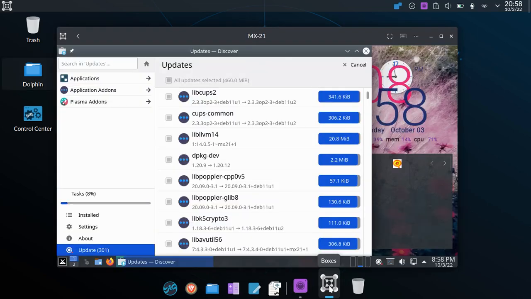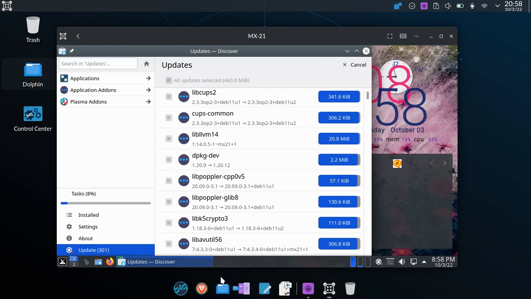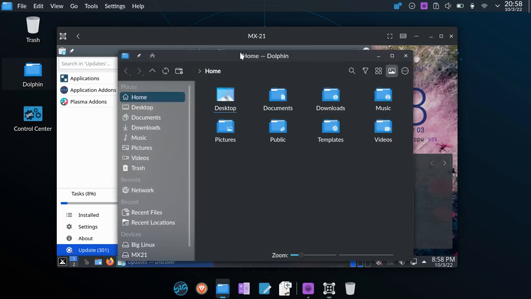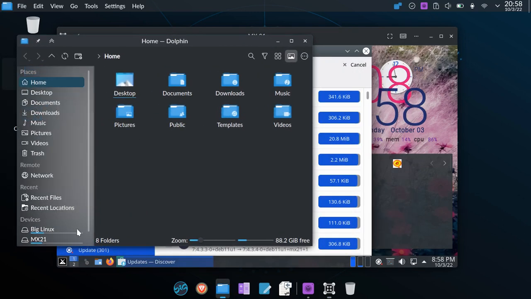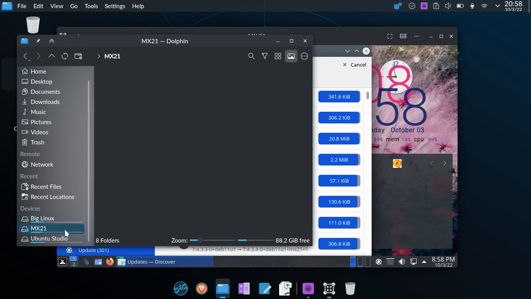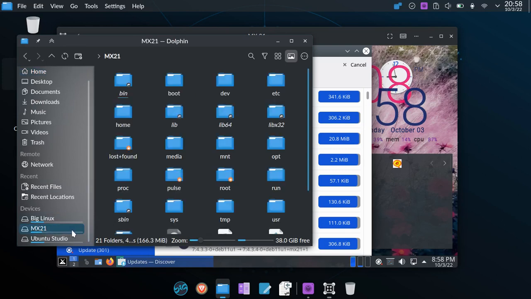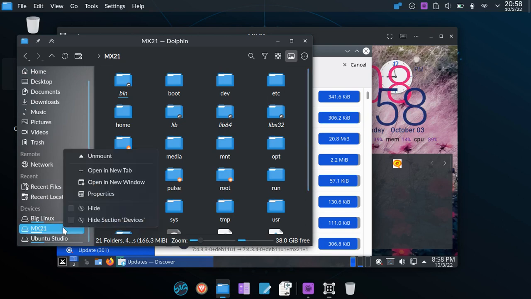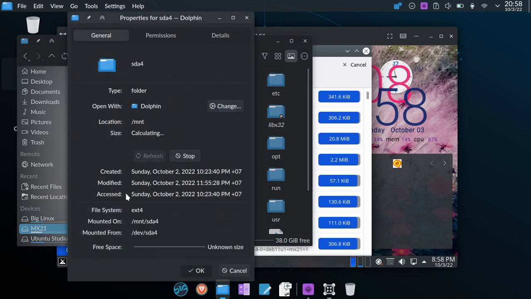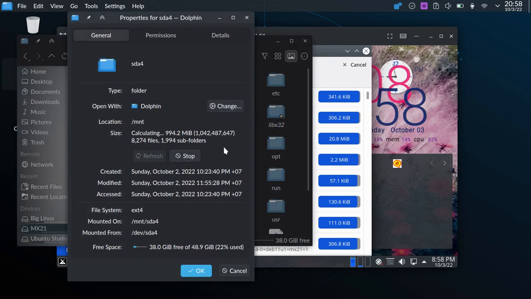So I have this one and the real setup on my hard disk, in this disk, which is, what about the disk that I have? This one. Let me open this one. It is in, okay, SDA4.